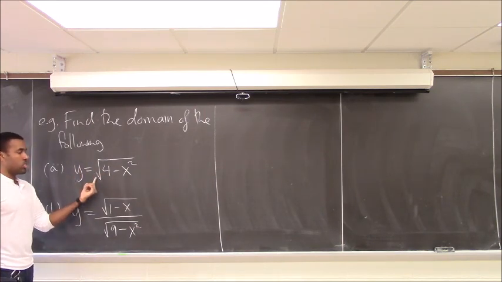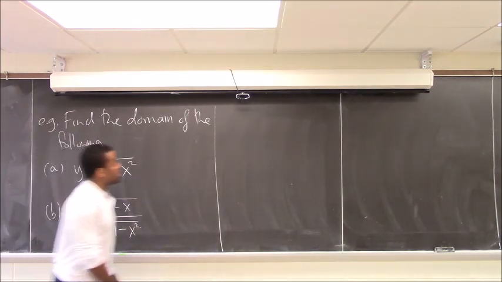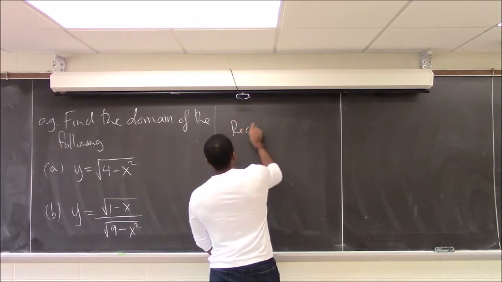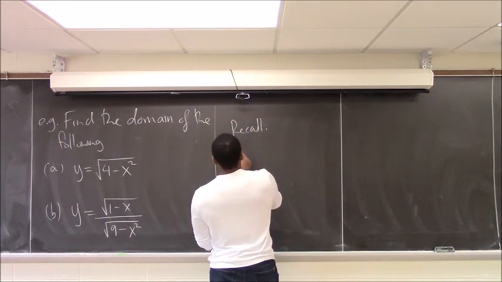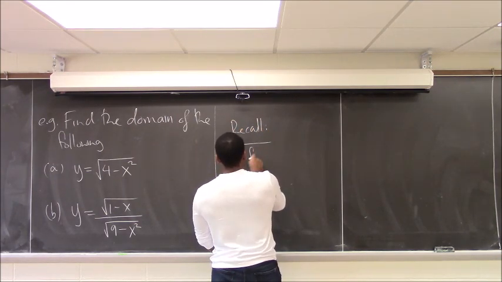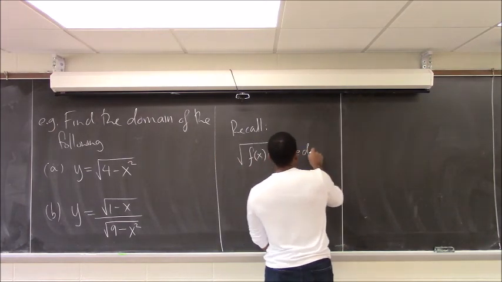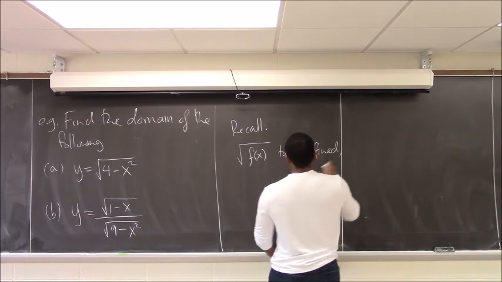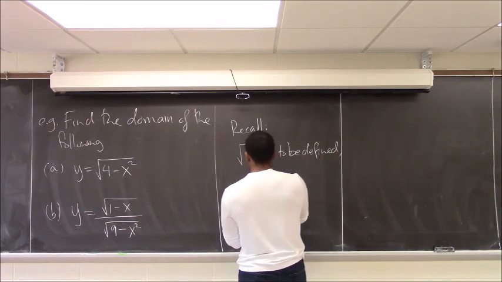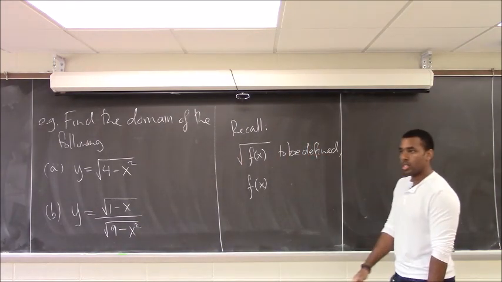Notice that here there's a square root. Now that automatically comes with some restrictions, right? So recall, for the square root of some function to be defined, what is the restriction on the function? Tell me what that function has to be like.